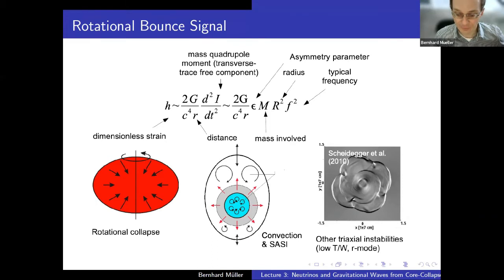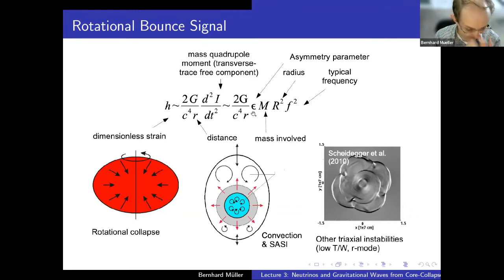It is very useful to break down the quadrupole formula using just dimensional analysis. The quadrupole moment, by order of magnitude, is going to be proportional to the mass that we're considering, so the mass, let's say, of the matter inside the supernova shock, times the characteristic length scale squared. And the time derivative introduces a factor frequency squared.